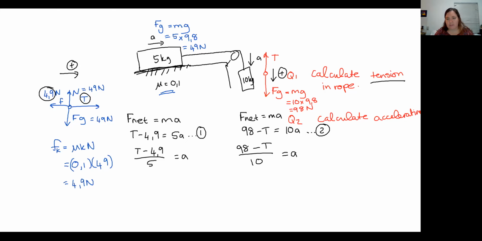All right, if anybody's managed to calculate the value of the tension, just quickly type it in, or shout it out, whichever you feel like.